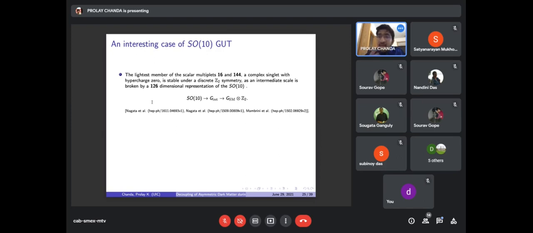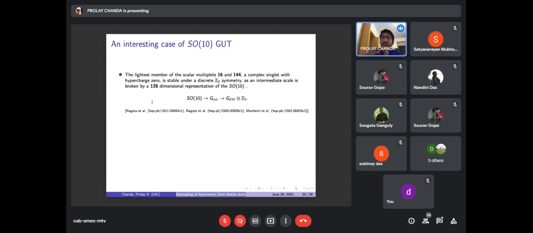Now, if we look back at the standard model, what is its group structure? It is SU(3), SU(2), U(1). So basically its rank is 2 plus 1 plus 1, which is 4, right?